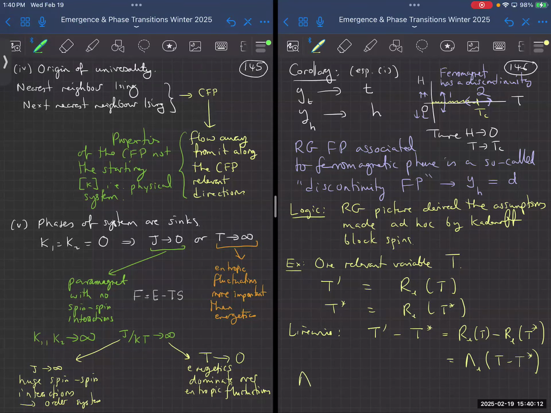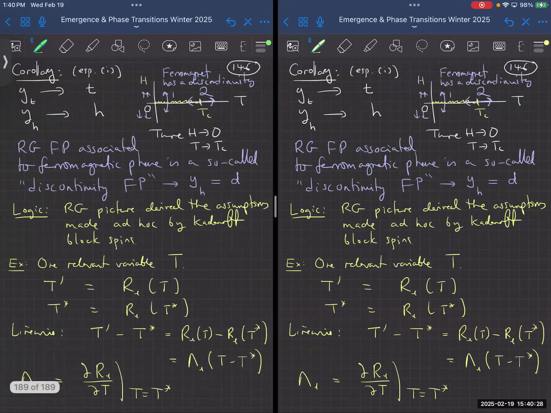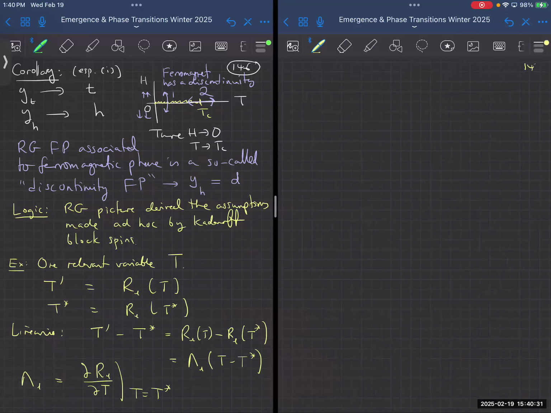So then I can say that my eigenvalue, lambda_L, is equal to the derivative of this function, dR_L by dT, evaluated at the fixed point value T star. And I know from the semigroup property that lambda_L is equal to L to the y sub t for some exponent y_t.